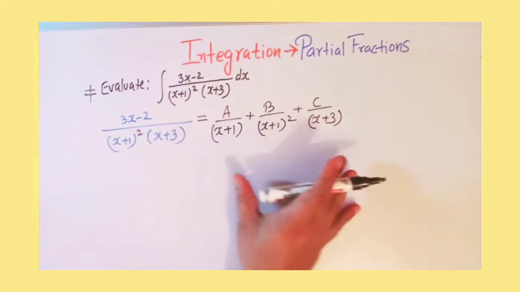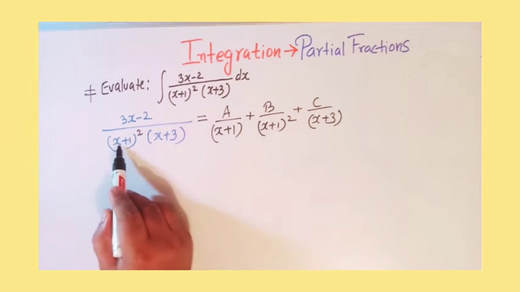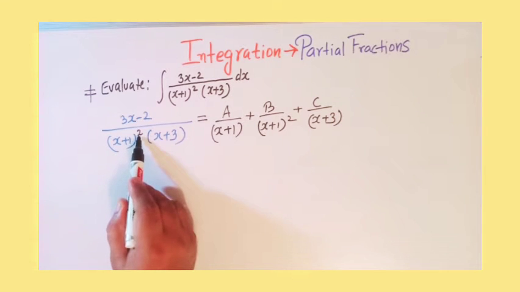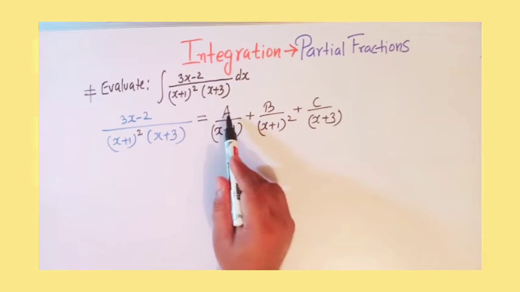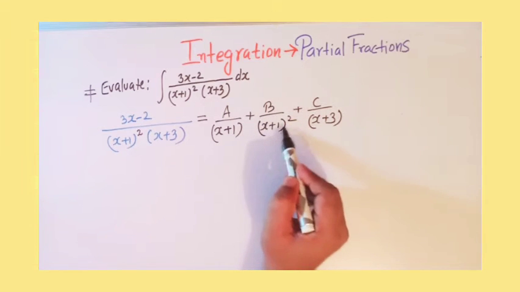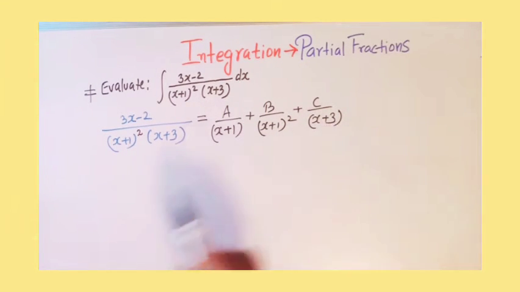So I hope you must have got this point. Here we have the repeated linear factor. Here we have square, so the partial fractions would be a over x plus 1, b over x plus 1 square plus c over x plus 3, right?